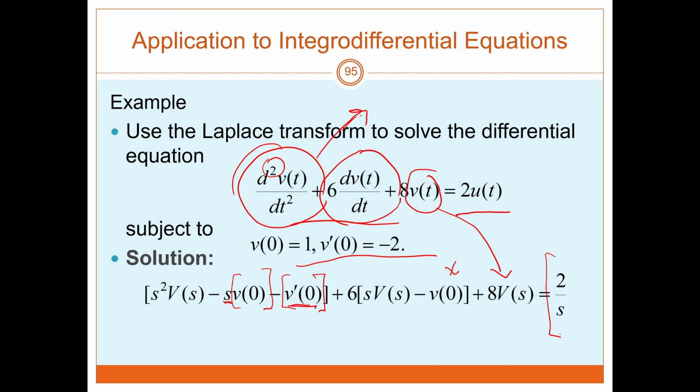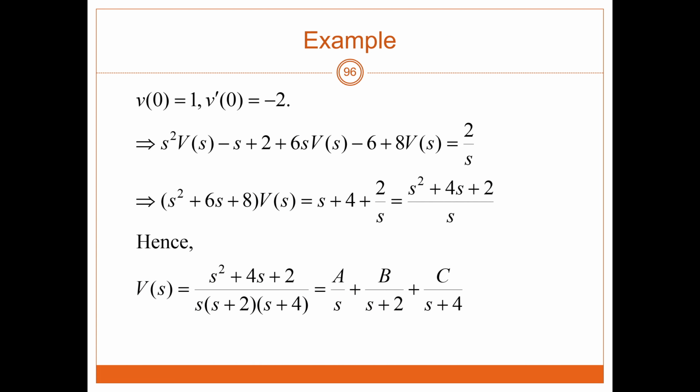At the input part, it will become 2 divided by s. Why? Because the Laplace transform of a ut step function is 1 over s, multiplied by 2.